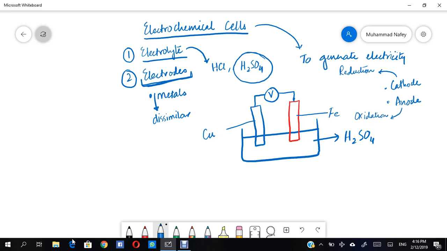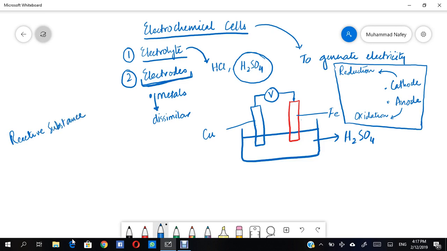This is the first thing. The second thing that will help us decide which electrode is the cathode and which is the anode is understanding what exactly a reactive metal is. Because we have two dissimilar metals forming the electrodes, obviously one of them is going to be more reactive than the other. So let's understand what a reactive substance is.